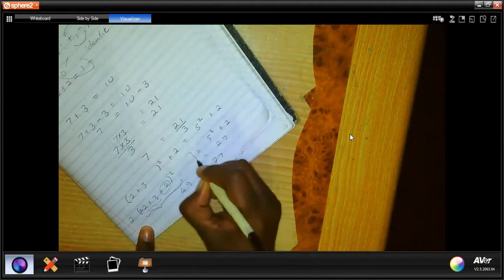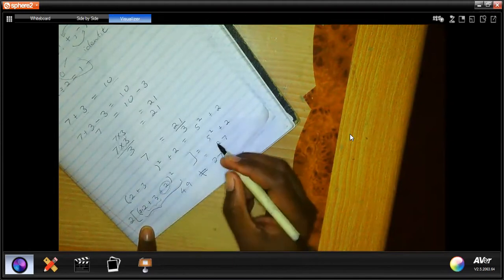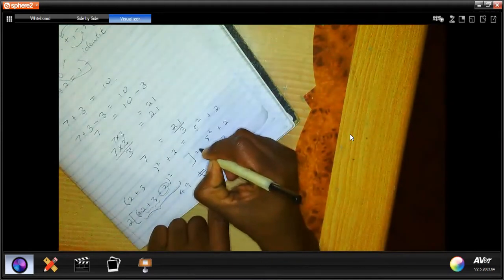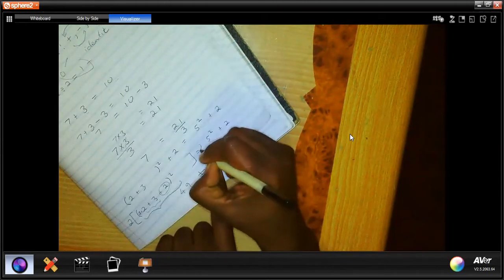So when you multiply, you're not multiplying a particular number. You're multiplying everything here, so that if you're multiplying all of the left, it is easy to multiply all of the right.